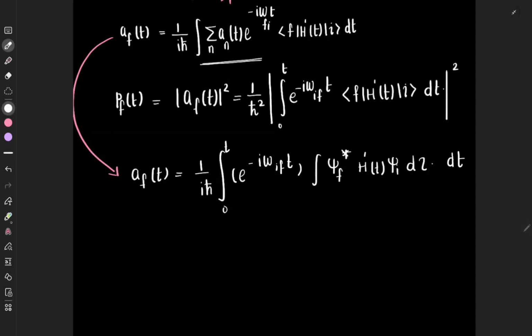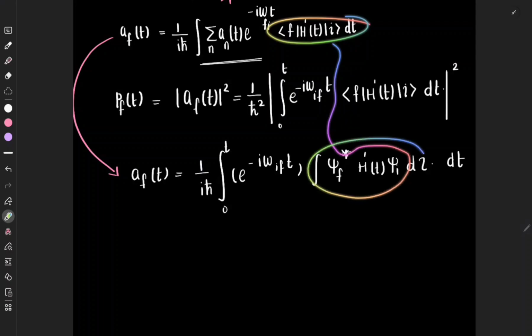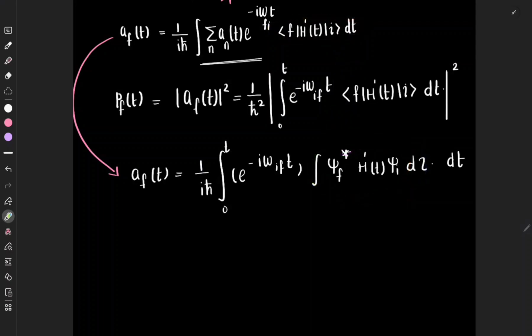So I just changed the bracket notation to this notation over here. That's it. So here this term cannot be 0. That means if we start with some initial state, say ith state, then H dash of t, the time dependent perturbation operator, must be able to project out the initial state onto the final state.